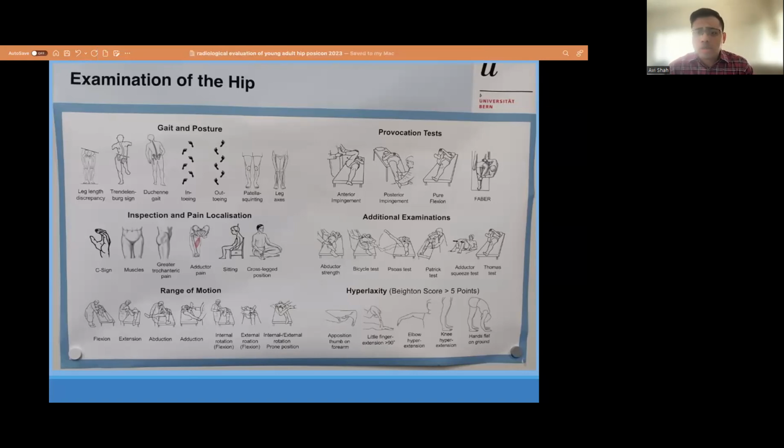Like I did the posterior impingement test that tells us about the anterior apprehension. Doing a posterior apprehension is a little bit difficult. You can do it by flexing the hip and giving a posterior thrust, but it doesn't have high sensitivity.